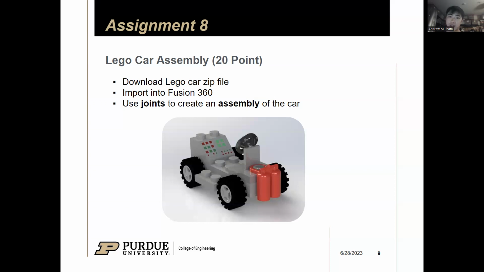And for that, we have assemblies. So today, we're just going to be making a more basic assembly, right? We're going to be making a fun little Lego car. But these assemblies can get very complex if you want them to.